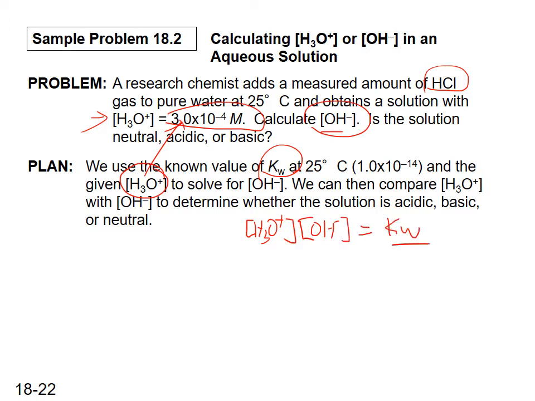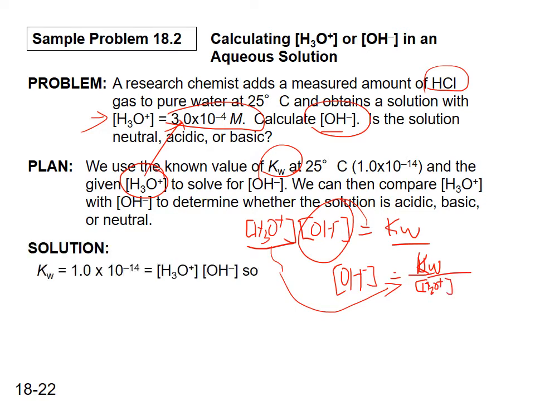So Kw is known, hydronium concentration is given, hydroxide can be calculated. So hydroxide should be Kw divided by hydronium ion.